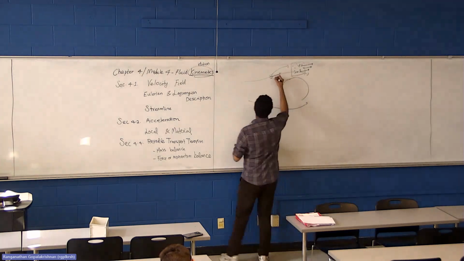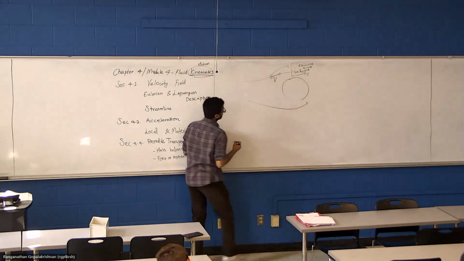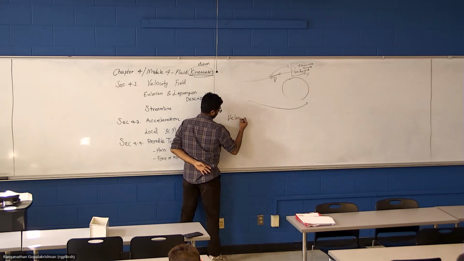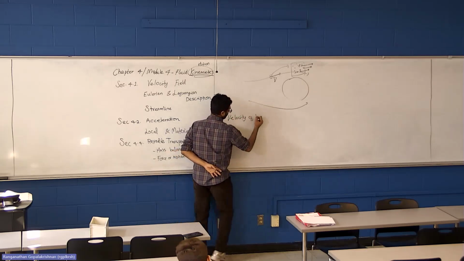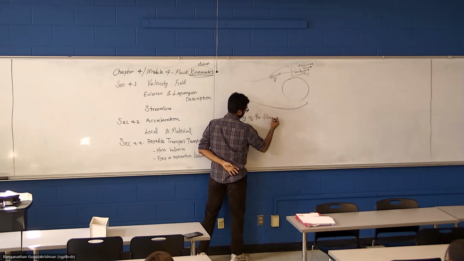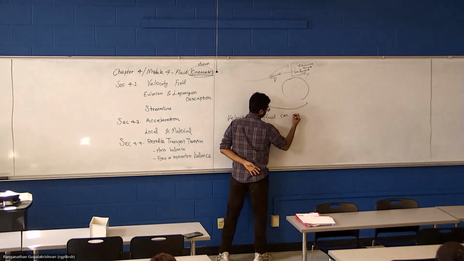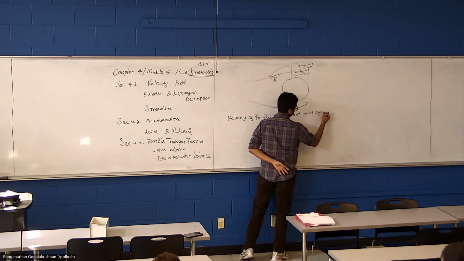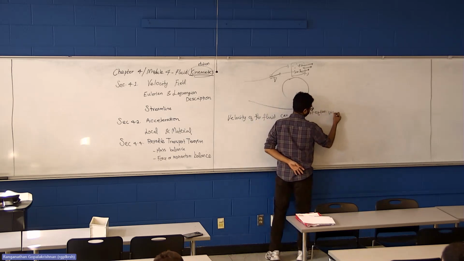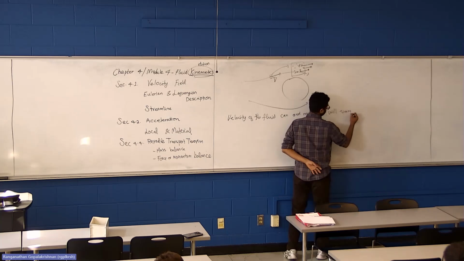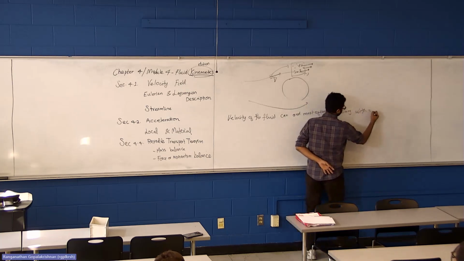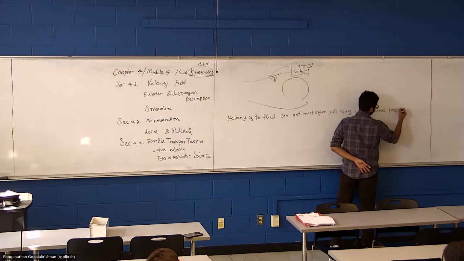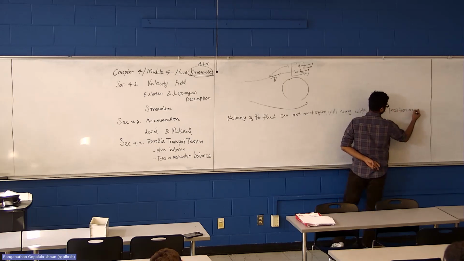So this local velocity V, what you need to understand is that the velocity of the fluid can, and most often will, vary with spatial position and time.